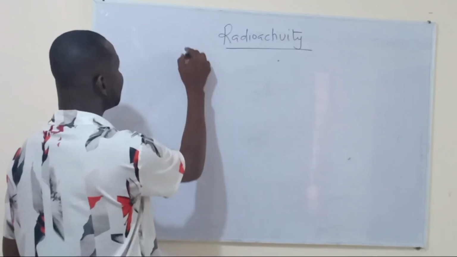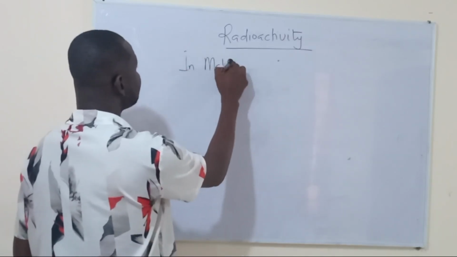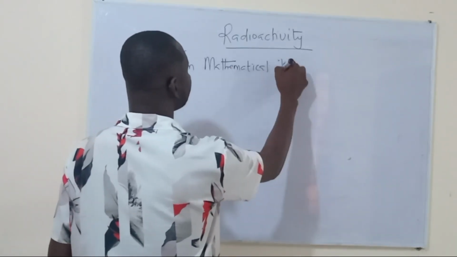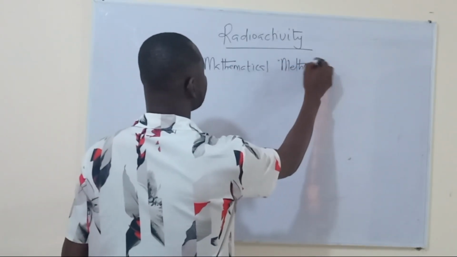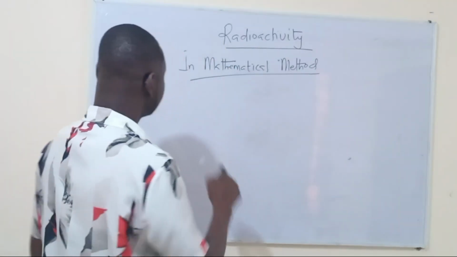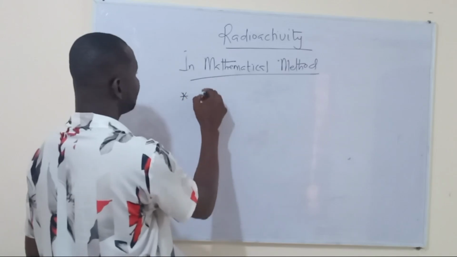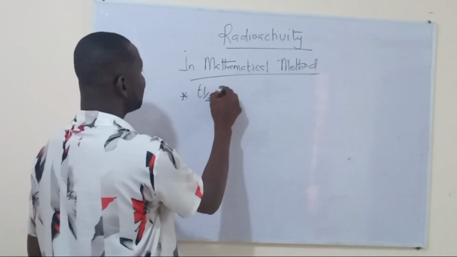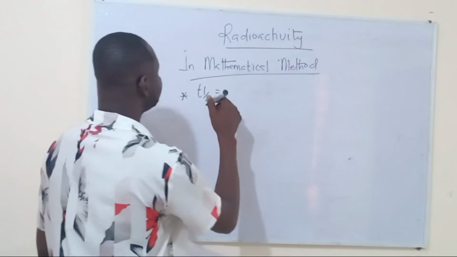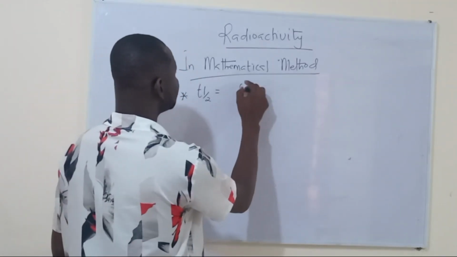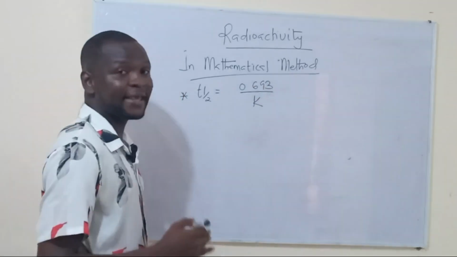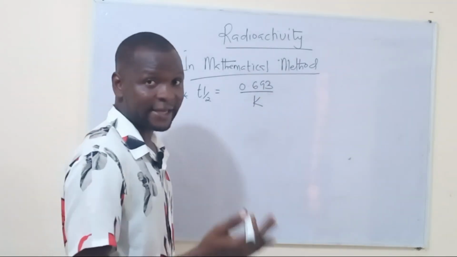In the mathematical method, we will be making use of the following formulas. The half-life of our radioactive element is equal to 0.693 over K, where K stands for our decay constant.